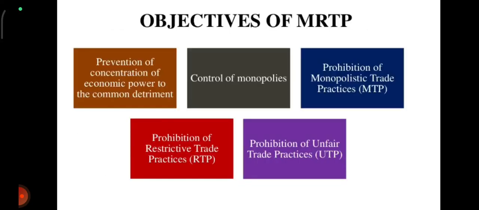Objectives of MRTP. The first is the prevention of concentration of economic power to the common detriment, control of monopolies, prohibition of monopolistic trade practices, prohibition of restrictive trade practices, prohibition of unfair trade practices.